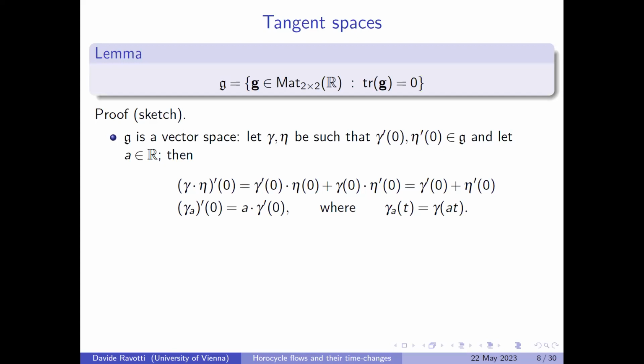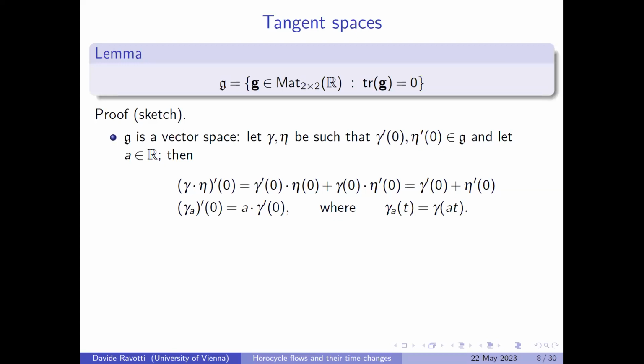And the derivative at 0, by the product rule, is the derivative of the first, gamma prime of 0, times eta of 0, which is the identity, plus the first at 0, which is the identity, times eta prime of 0. So I get precisely the sum of gamma prime plus eta prime at 0. So I proved that the sum of two elements in little g is again an element in little g.